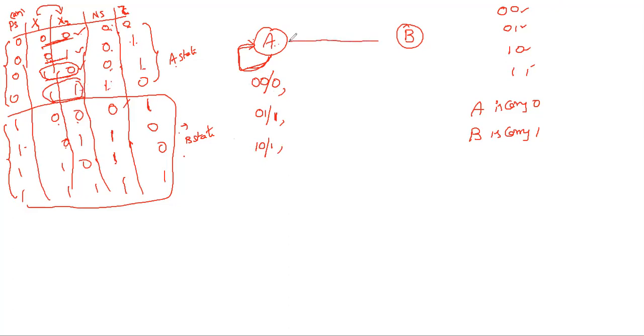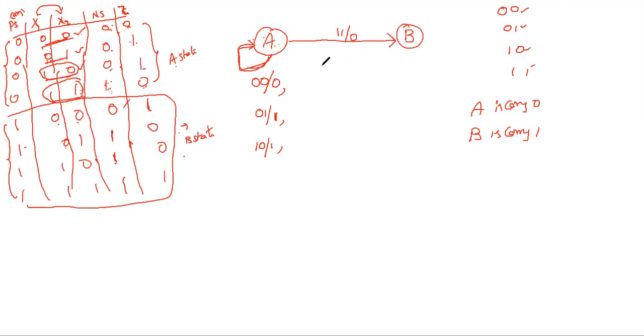So you are going to B. Present state is A, you are going to 1. So this is B. Whenever 1 1, output is 0. Okay.